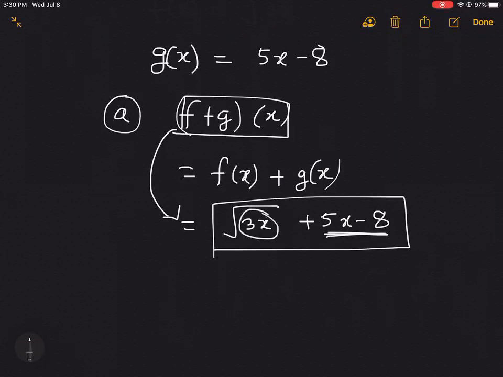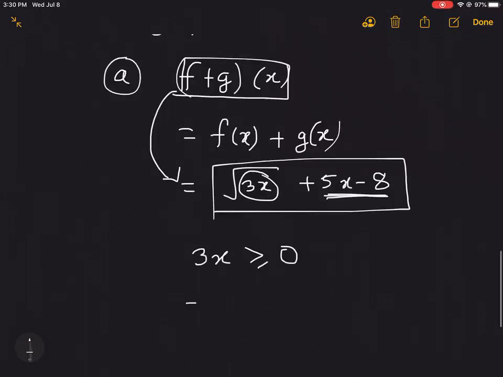But for the square root part, whatever you have inside the square root has to be greater or equal to 0, right? So if you solve it for x, we get x greater or equal 0. And that is indeed your answer.